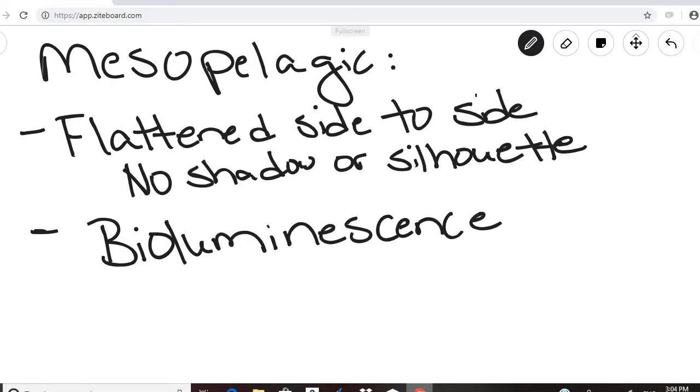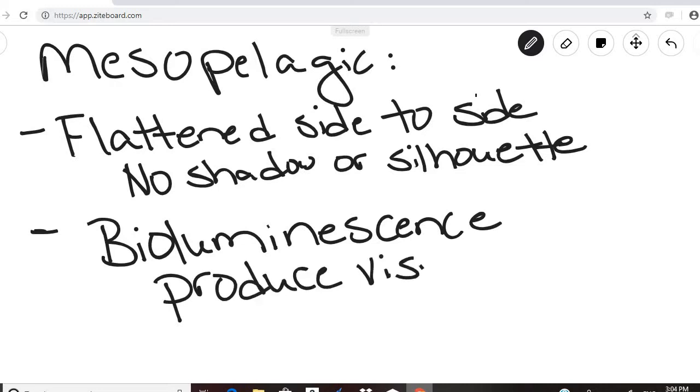So this is where they can produce visible light. And in lab, we will be looking at a small sandfly that produces visible light.